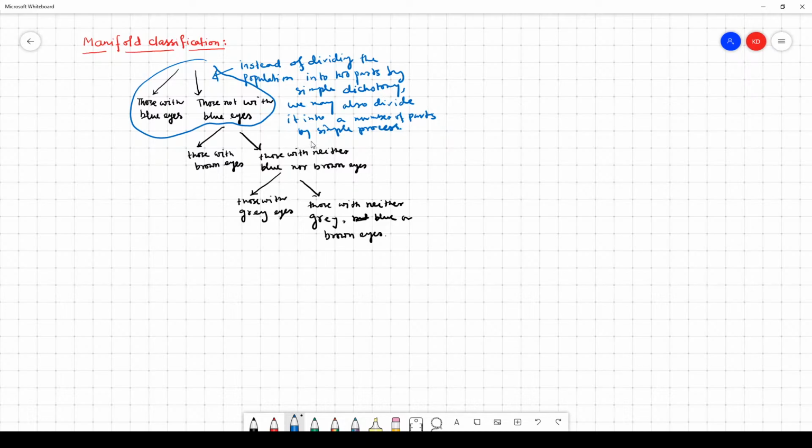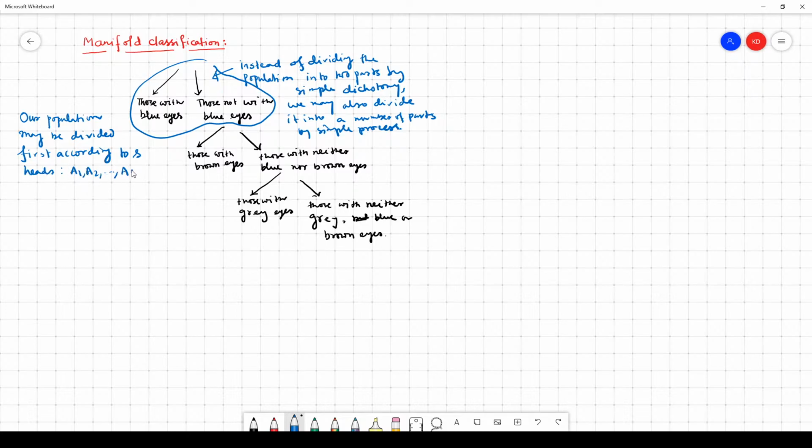Formally, we can define this as: our population may be divided first according to S heads, A1, A2, up to AS.